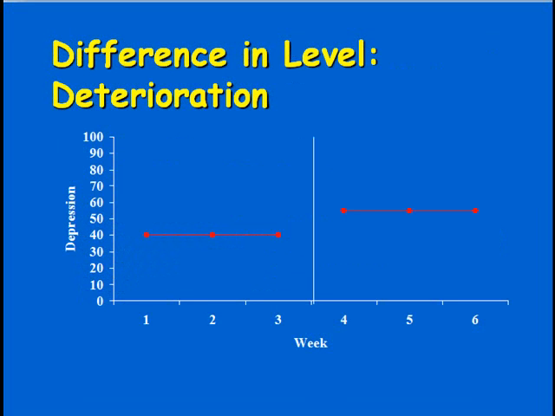And so, for example, for this example, when we talk about changes, looking at whether a client has changed or not, this is an example of where a client has deteriorated. You can see during baseline they had a stable baseline of 40. So the assumption is, if you hadn't intervened, that would have continued.